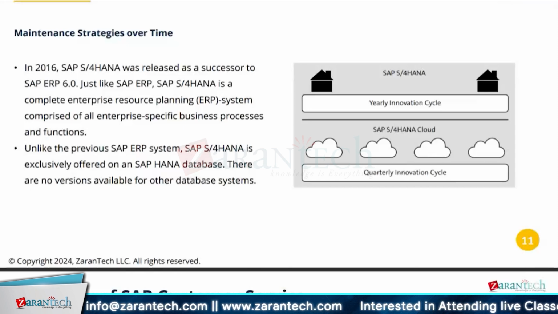If any upgrade comes, we will have to get the upgrade done, and all the activities should be done on-premise. Whereas in the cloud, only once they do the upgrade, and with our support, we would be able to use the latest available version. So that is yearly. Then the yearly innovation cycle started coming. In yearly, on top of that, we have SAP S/4HANA.